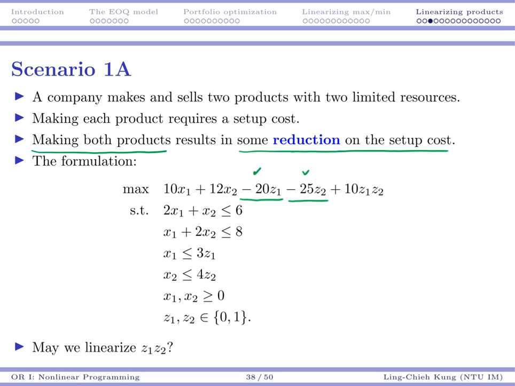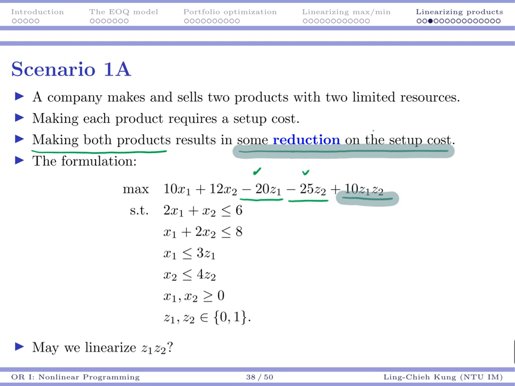But if you have both of them worked, then you only need to warm up your machine once. You only need to wake up some person once. Overall, that saves you $10. So if you want to make both products, you don't need to pay $45 as your setup cost. You only need to pay $35. So I hope this makes sense to you.